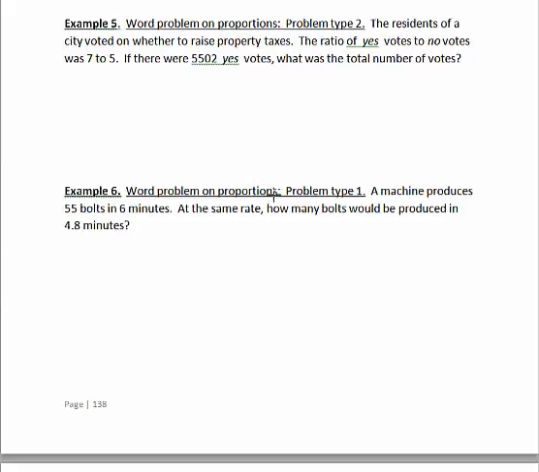Example 6, a machine produces 55 bolts in 6 minutes. At the same rate, how many bolts would be produced in 4.8 minutes? We decide on the structure of our ratio, and when we create our proportion, the equation, the equality of two ratios, we keep the same relationship of bolts on the top and minutes on the bottom.